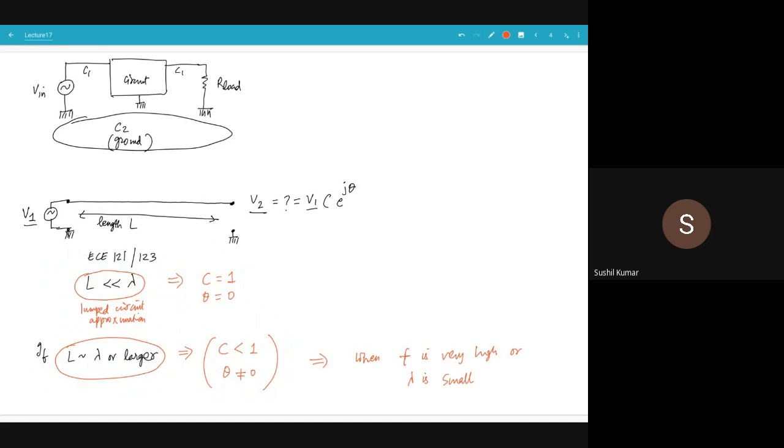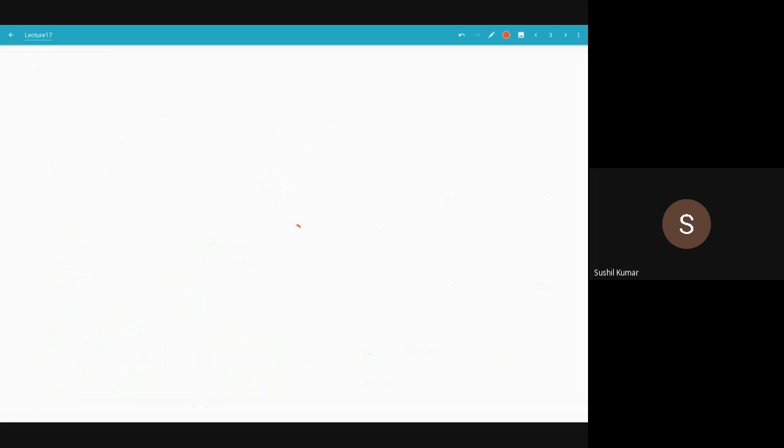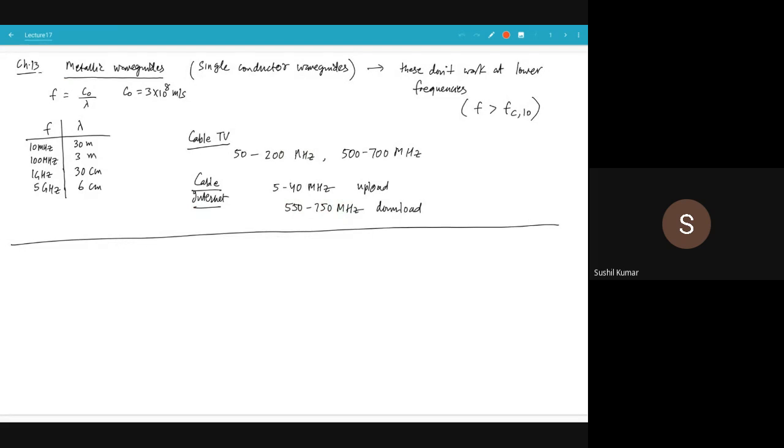So 5 gigahertz, as I told you, let's look at that table. 5 gigahertz is 6 centimeters. Now, if you are designing a circuit on a chip which is 1 centimeter wide, you can say, well, that's still smaller than 6.